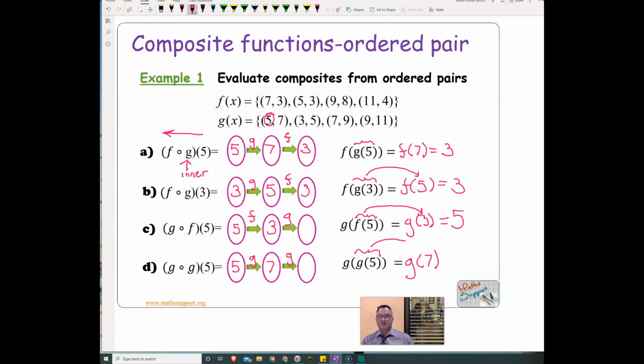That whole thing becomes a 7. Remember, this is the output when the input is 5.